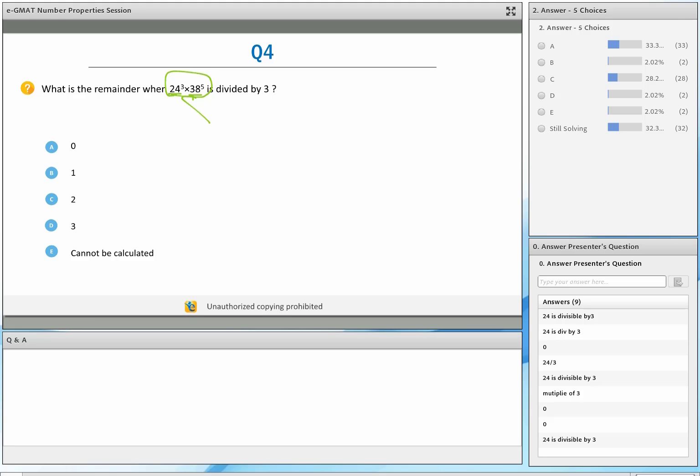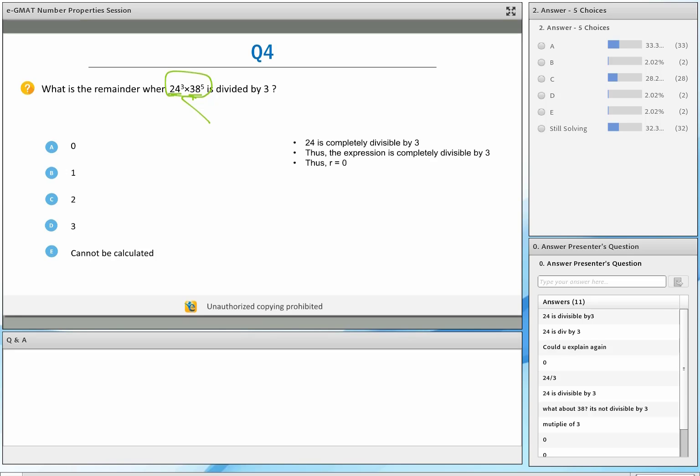Right now, I know we are talking about divisibility and remainder questions. But when you are in the test environment, you don't know whether this question is going to test your ability to understand remainders or whether this is a different kind of question. So that's why you have to spend appropriate time just understanding what the question is asking you so that you are able to retrieve the appropriate concept.